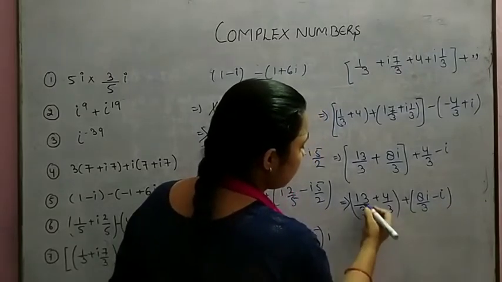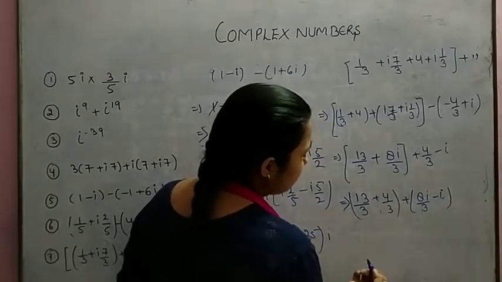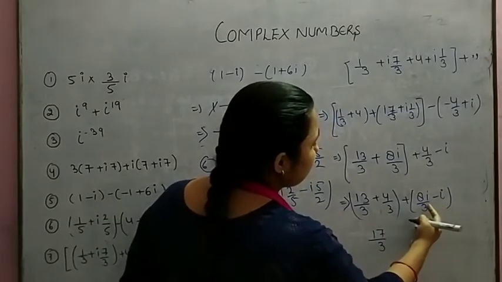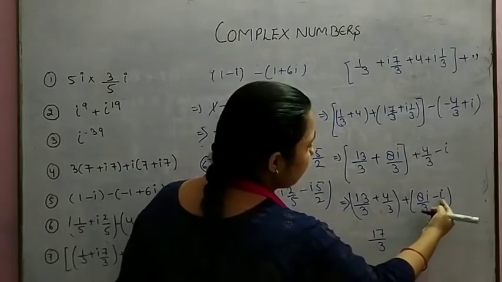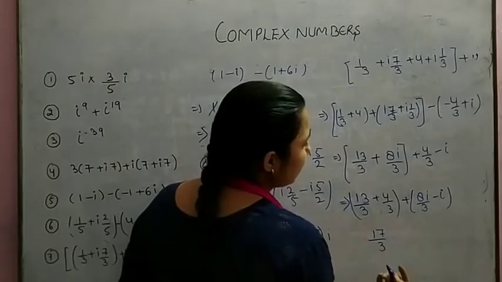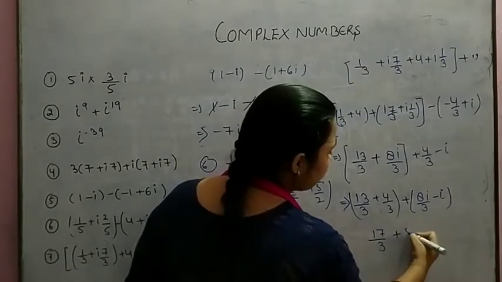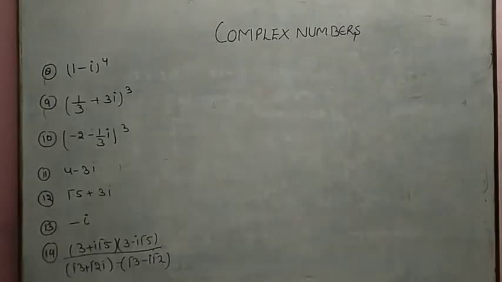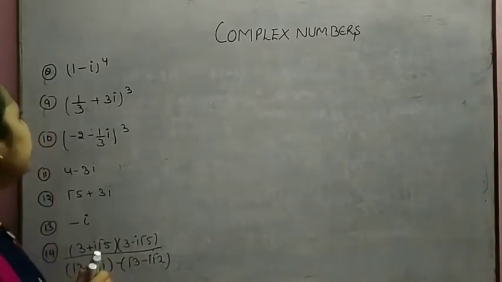We get 13 plus 4, this is 17/3, and 8i/3 minus i. By taking LCM we get 8i minus 3i, that means 5i/3 we get. Got it? Now the next question, question number 8.